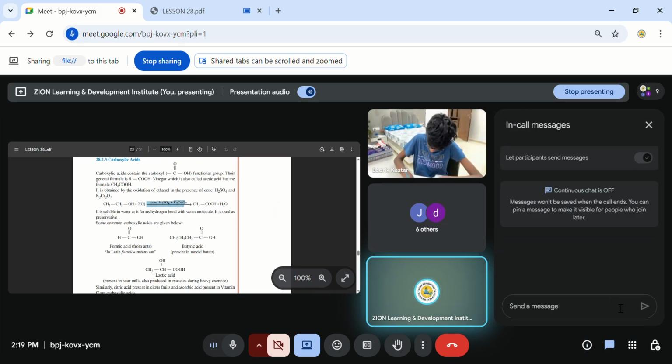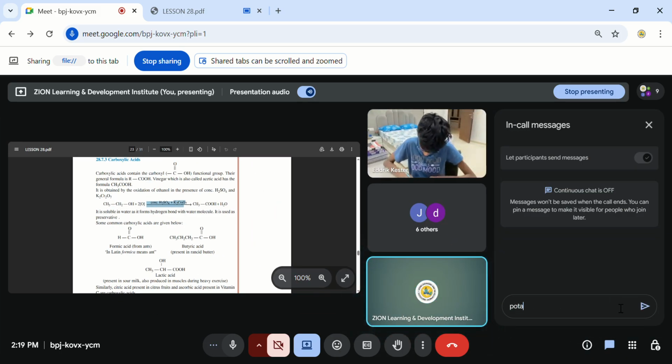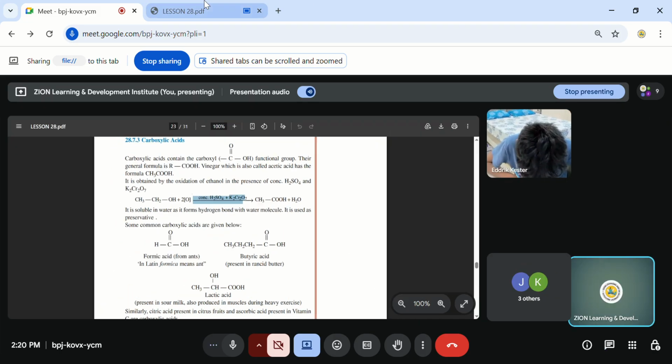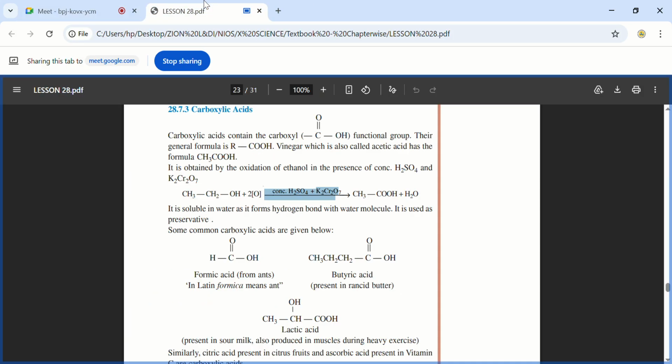I'm spelling it: potassium dichromate. So that produces ethanoic acid plus water.